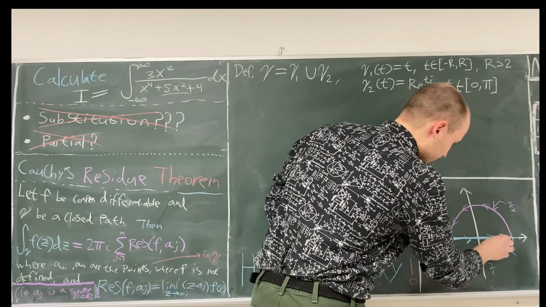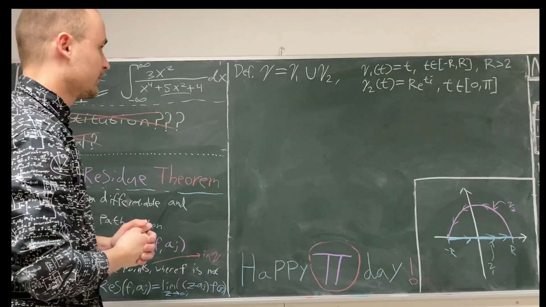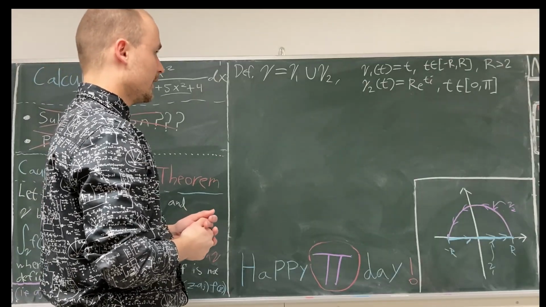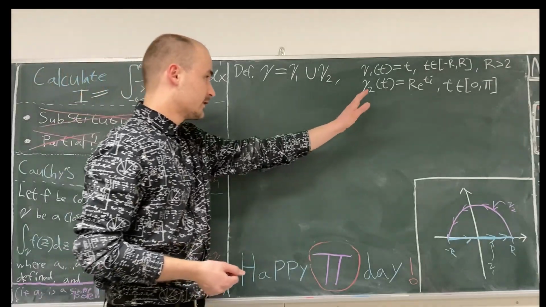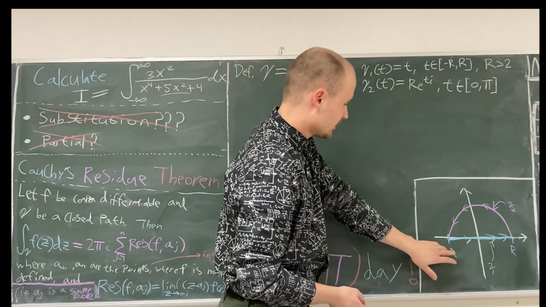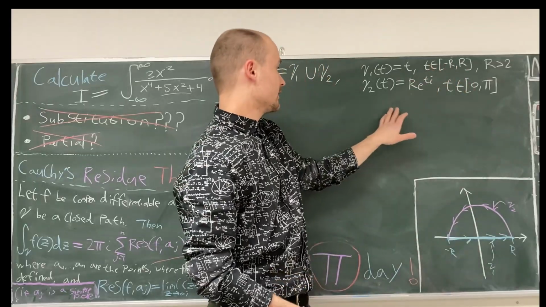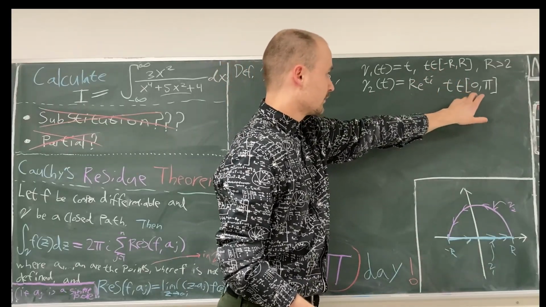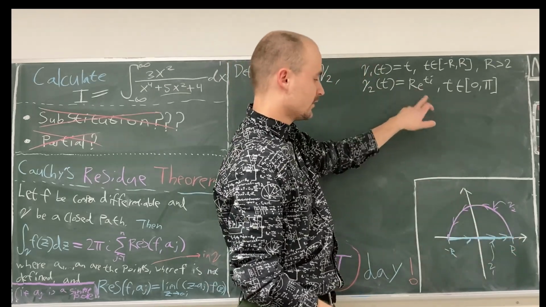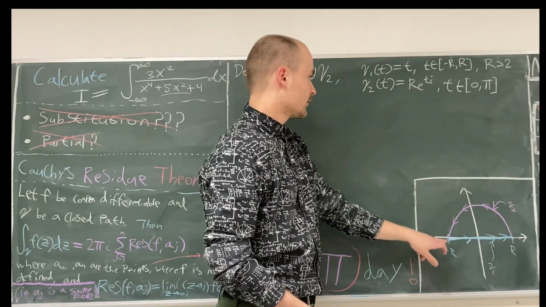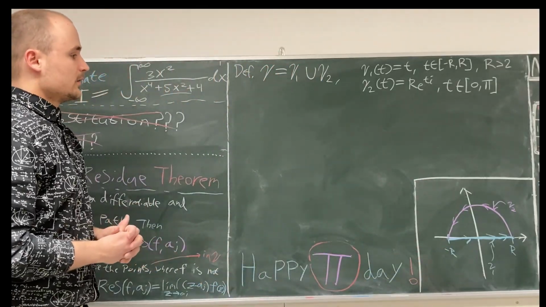So we're going to travel in the counterclockwise direction, or the positive direction. And we can see that that makes sense because gamma 1 goes from minus r over to r, and gamma 2 goes from t equals 0, which means it starts at r, and then it traverses along the half circle over to minus r. Okay, so that makes sense.